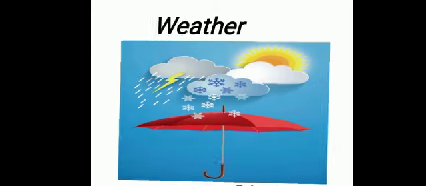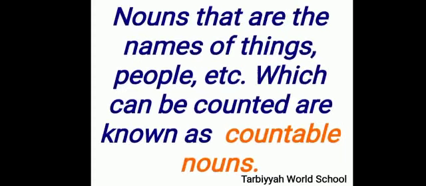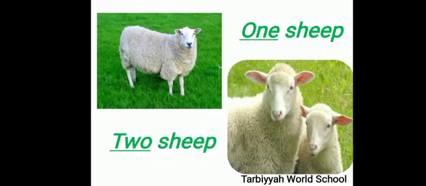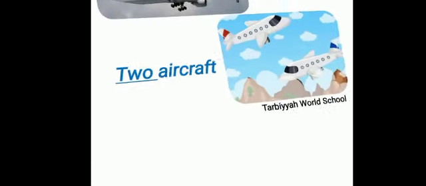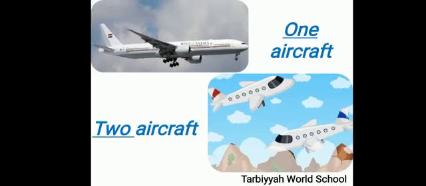See, in the case of countable nouns, the names of things, people, etc., which can be counted are known as countable nouns. For example, we can count one sheep, two sheep, or one aircraft, two aircraft.